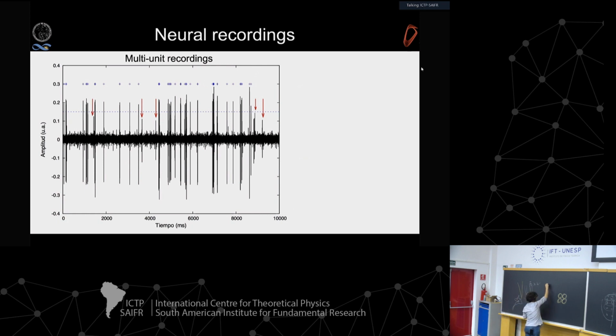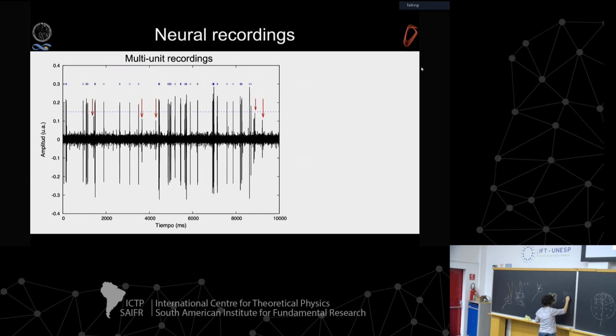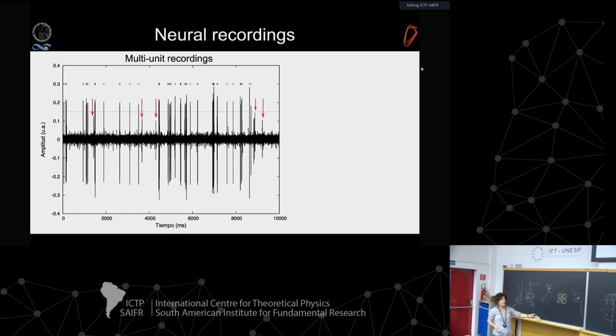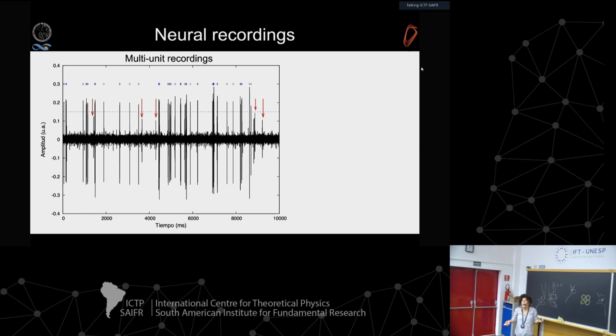Because if you have your neuron here, or your neuron here, this neuron is much closer to this electrode than this one. And if you're recording from 4 channels altogether, rather than just 1 channel, where you don't have any relation to where they are, you can separate individual spikes, because that's the thing.